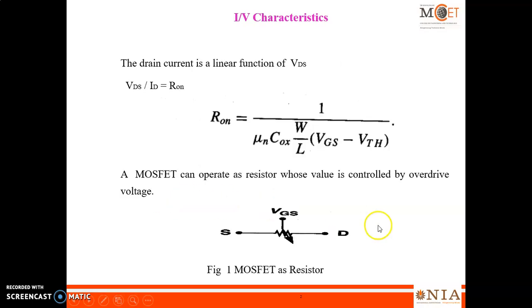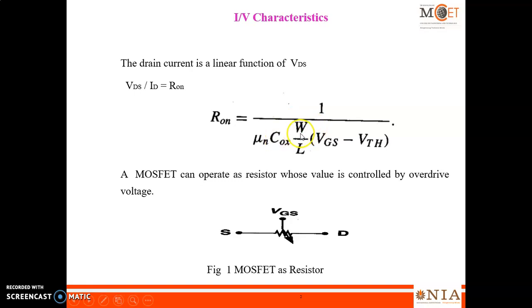So the resultant equation becomes resistance, which is nothing but linear resistance, which is equal to 1 divided by mu n Cox W by L into VGS minus VTH. So now this drain current is a linear function of drain source voltage.